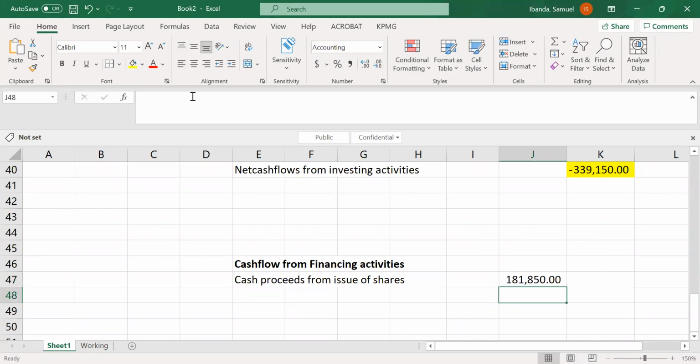That is what we have as our proceeds from issue of shares.